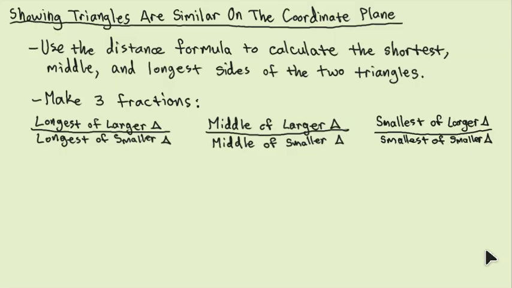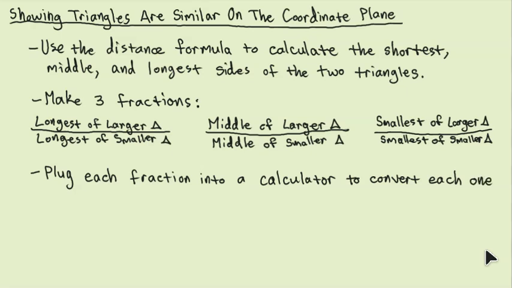So we're going to turn each of these fractions into a decimal. Plug each one of these three fractions into a calculator to convert each fraction into a decimal. If all three decimal values are equal, then the two triangles are similar.